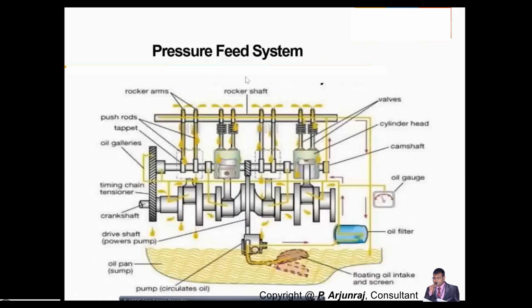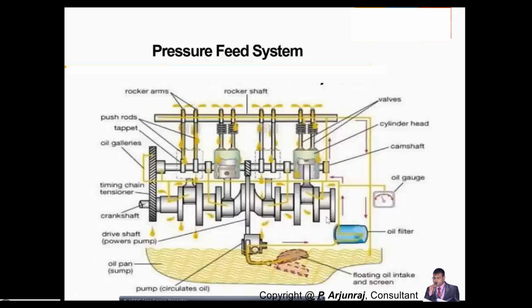So you have different components, the valve train components: crankshaft, pumps, the chain systems, tappets, push rod, or you might have a hydraulic lash adjuster. For all these parts you need to transfer oil, shown in yellow color, because the higher the speed, or when the engine is running continuously, you are going to get friction, for which you need to cool it with the help of oil.